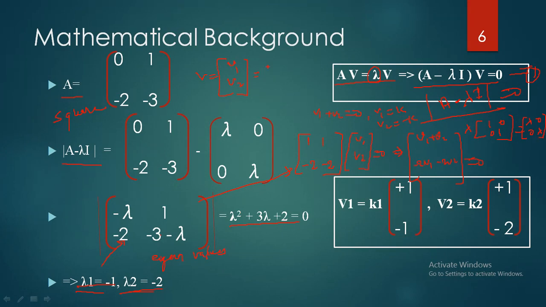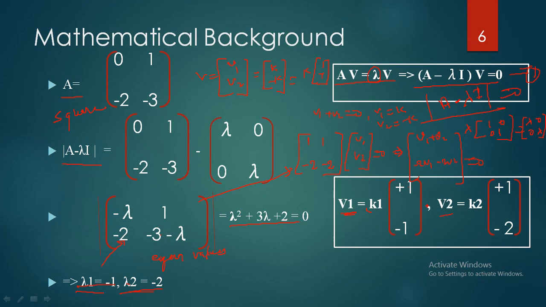Now you put here k, minus k. Take k out, get 1, minus 1. So the first eigenvector v1 is equal to some constant k1 times (1, minus 1). Similarly, if you substitute the value of lambda 2 here and solve it in the same way, you will get another eigenvector, eigenvector 2, some constant times (1, minus 2).